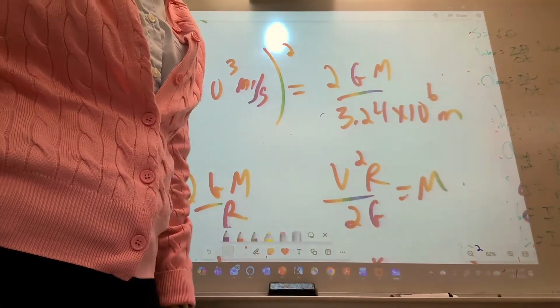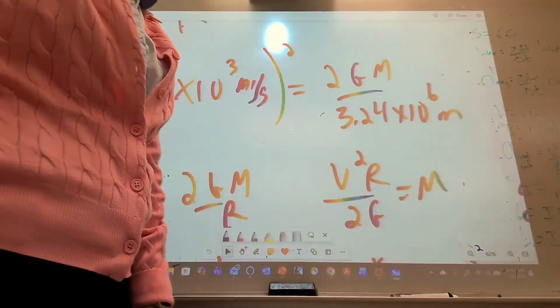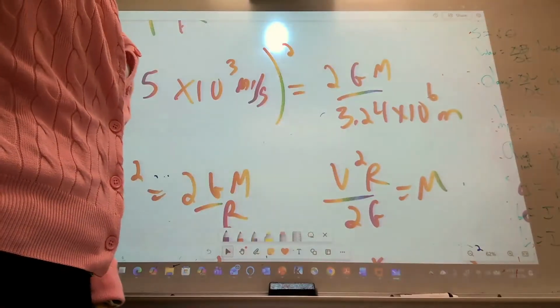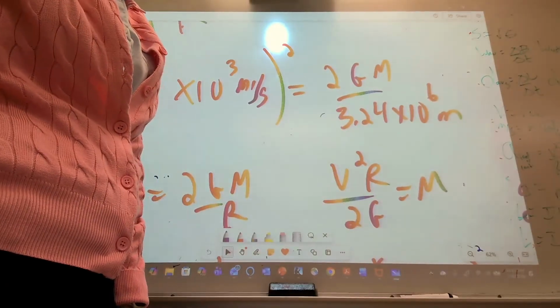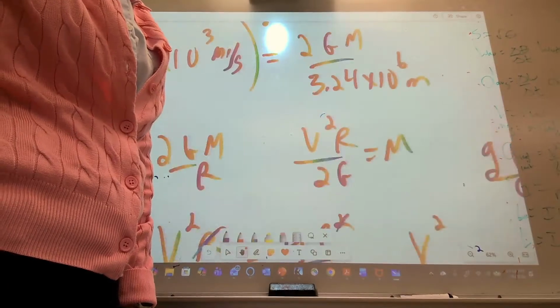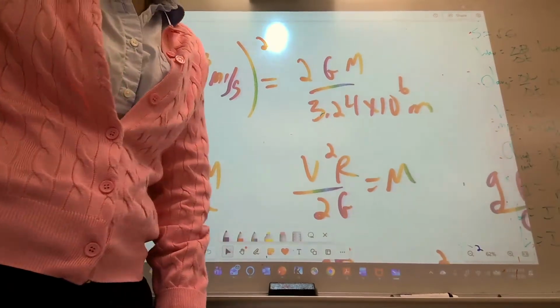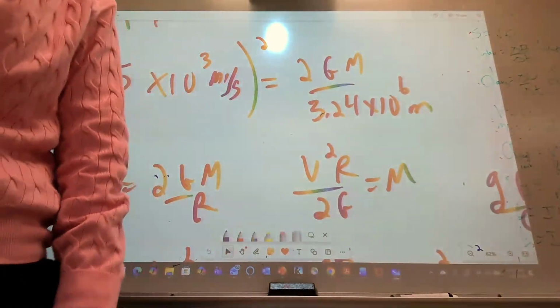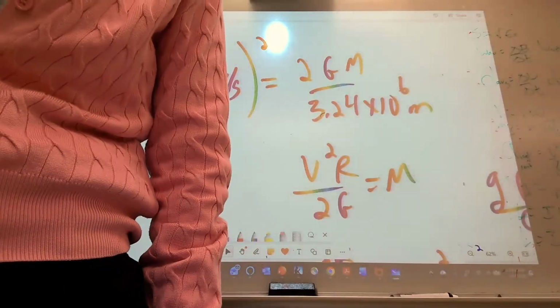Showing you how I did this, I isolate the M. Okay, so you have v squared times r over 2G gives you your M.